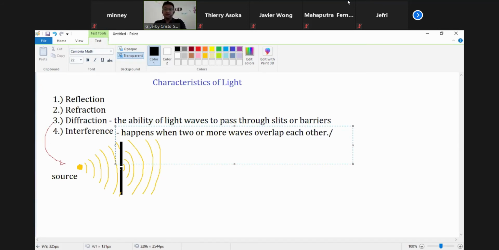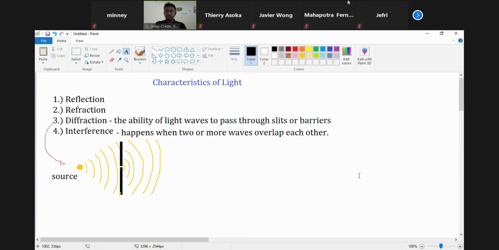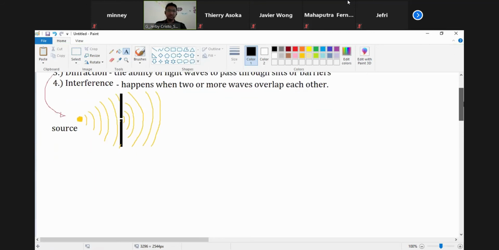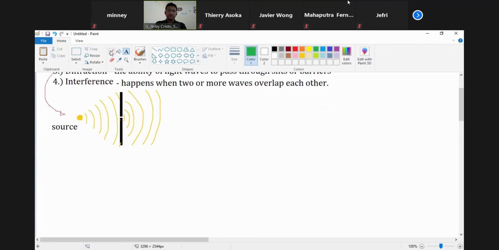So it occurs when two or more waves have this overlapping with each other. So for interference, that's number 4.